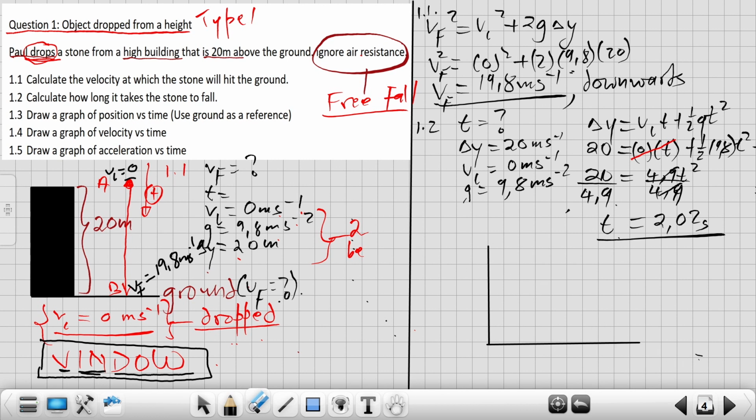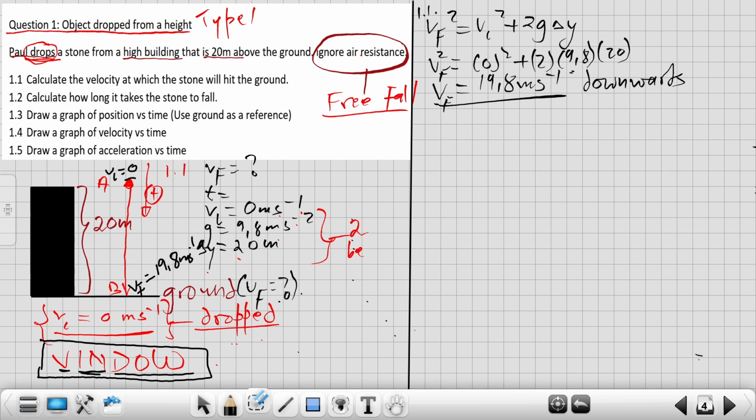Let me basically remove all this. Then we are at 1.4, so let's draw now velocity versus time. We have this, and then we have that, and then we need to assign labels to it. So we basically say now this is the velocity, and now this is the time in seconds.